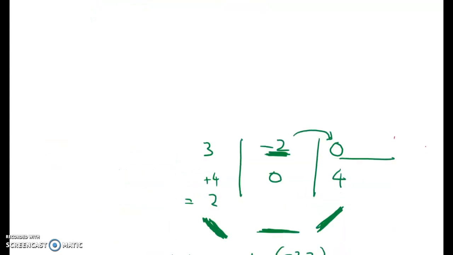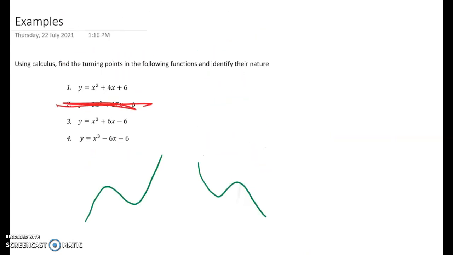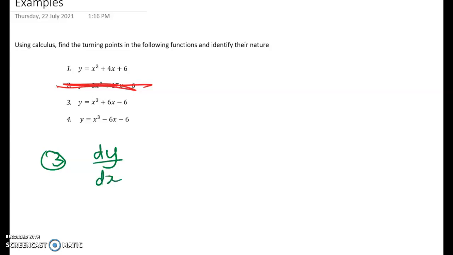Let's just clean some of this up. Okay, now let's look at this first one. We've got y equals x cubed plus 6x minus 6. So we start by differentiating. So dy by dx is equal to 3x squared plus 6, and that equals 0 for a turning point.